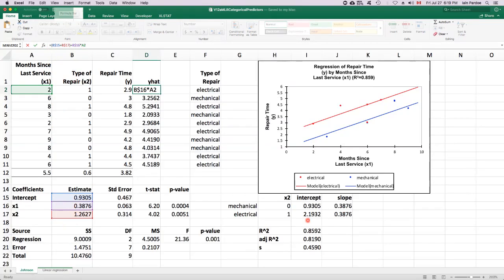That's what I've written over here for electrical. The intercept, 2.1932, is the sum of 0.9305 and 1.2627. If I add those two numbers together, I get 2.1932, and then the slope is just 0.3876.